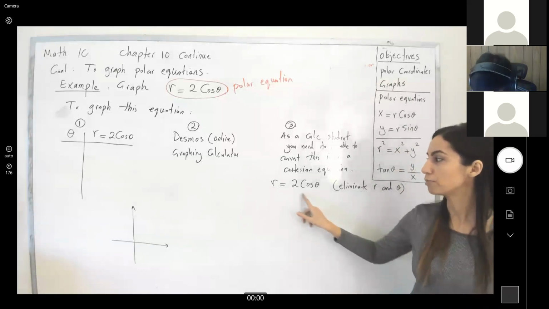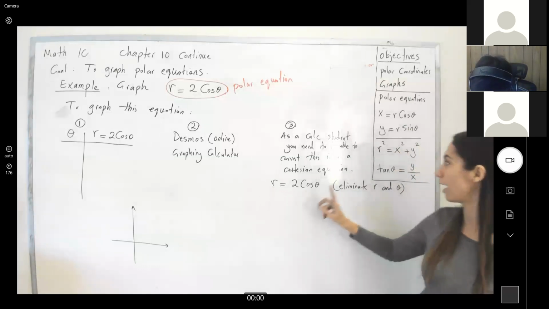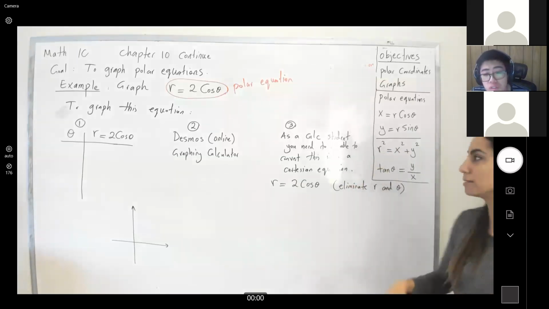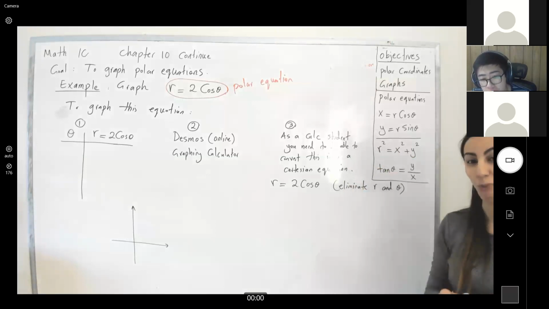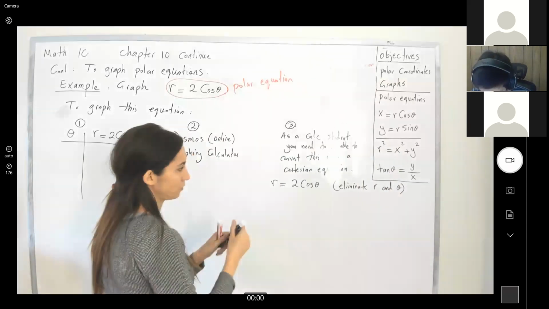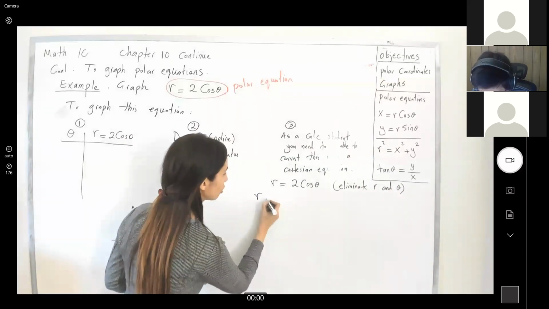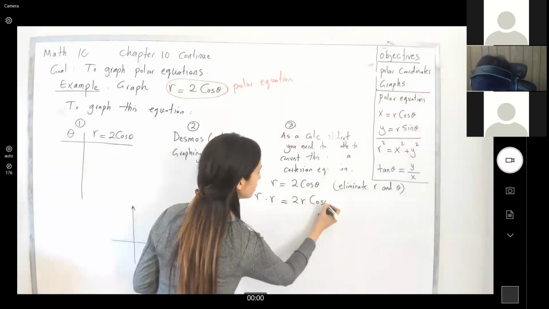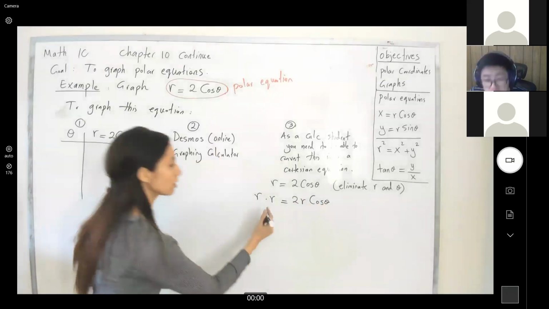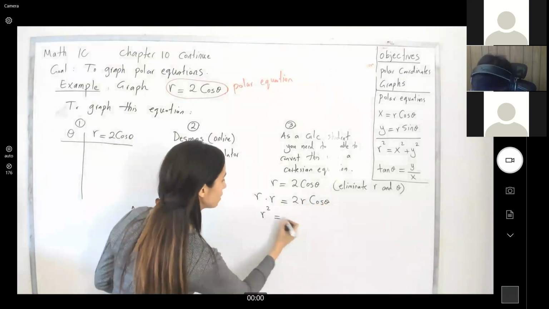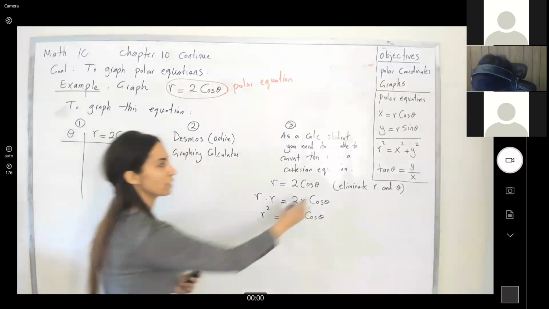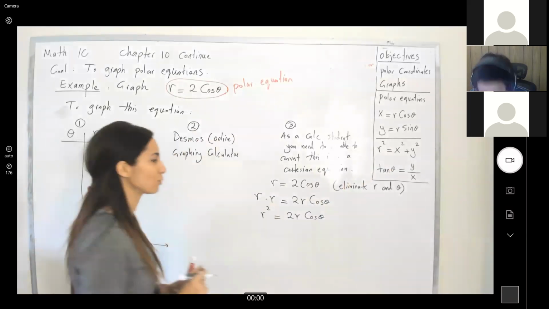To get rid of r and theta, I see it this way: if I multiply both sides by r, I can create r squared. My left-hand side can be simplified into x squared plus y squared. So r times r is equal to 2r cosine theta. On the left-hand side, I get r squared equals 2r cosine theta. But r squared is x squared plus y squared.